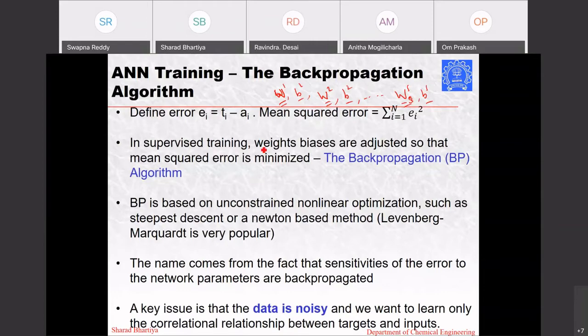Training means, given the data, just like in all our exercises, and if I call the data D, the question is how do you obtain these weights and biases? The moment you give me those weights and biases, I'm done, right?